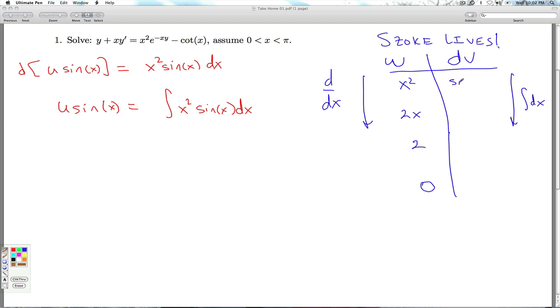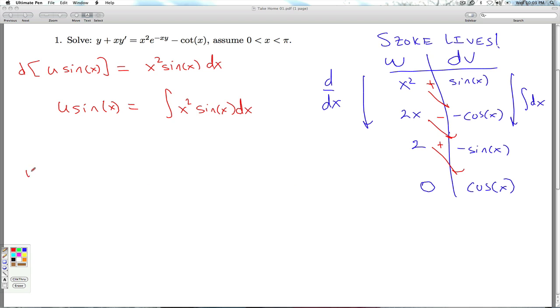I start off here with sine of x, the antiderivative of sine, negative cosine, antiderivative of cosine, negative sine, antiderivative of negative sine is cosine. And then I go diagonally, multiplying by a plus 1, minus 1, plus 1.